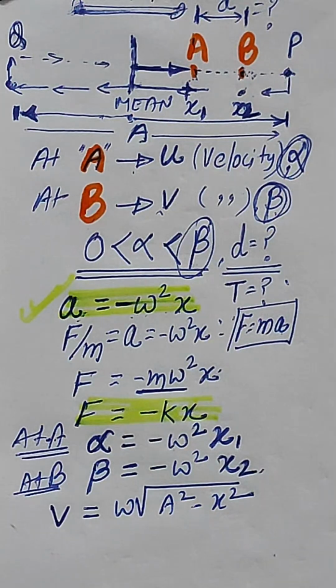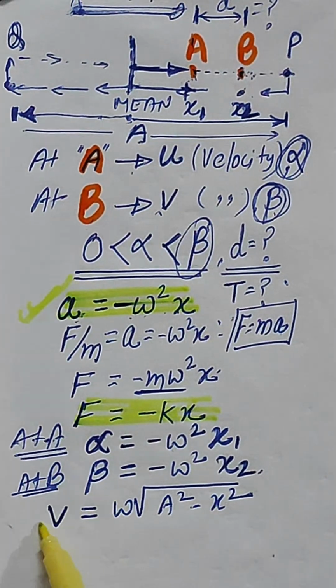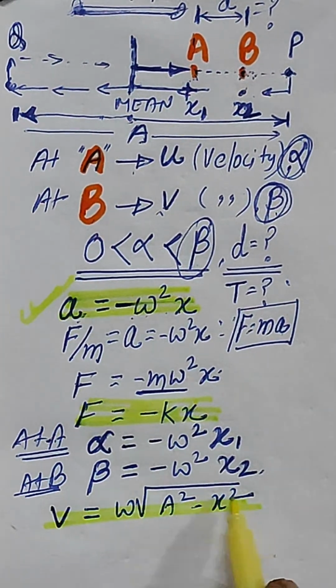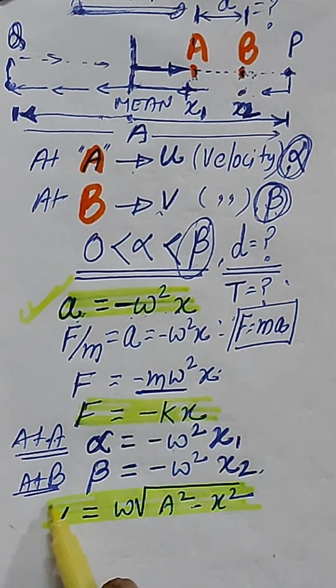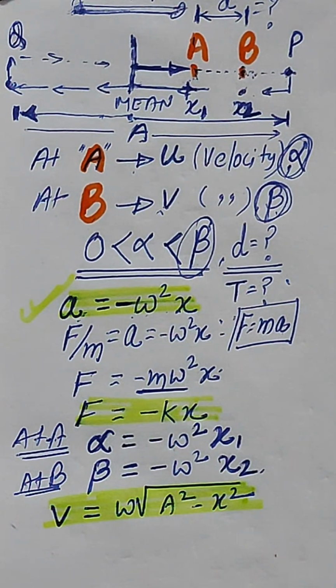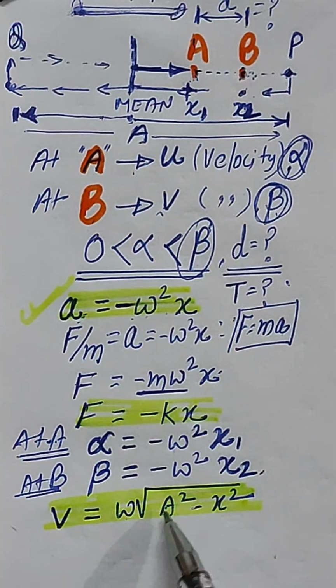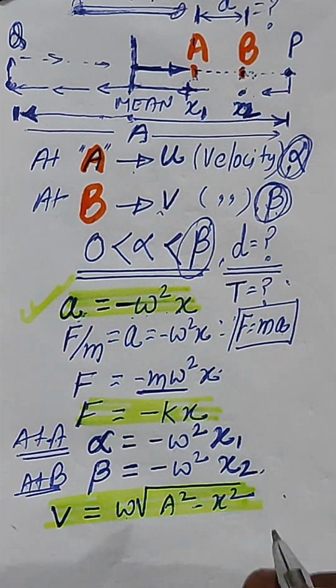I will not go into the derivation of this. This formula is very common in SHM, and you should just recall it. You are not going to derive it every time. This will be helpful.